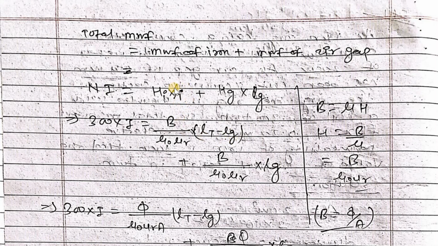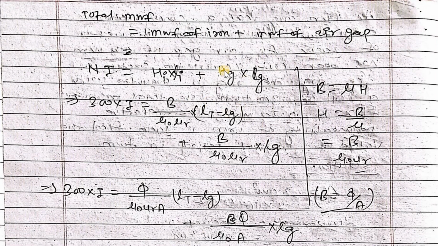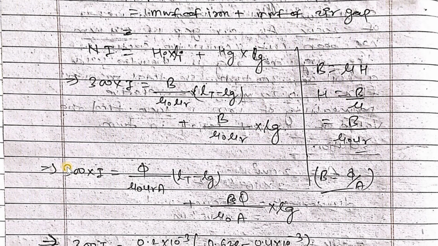Then you can get the length of iron core. And similarly for air gap, B upon mu naught mu r into Lg. Then 300 into I, phi upon A. In the place of B we can write phi upon A, B equal to phi upon A. This is the value of B.